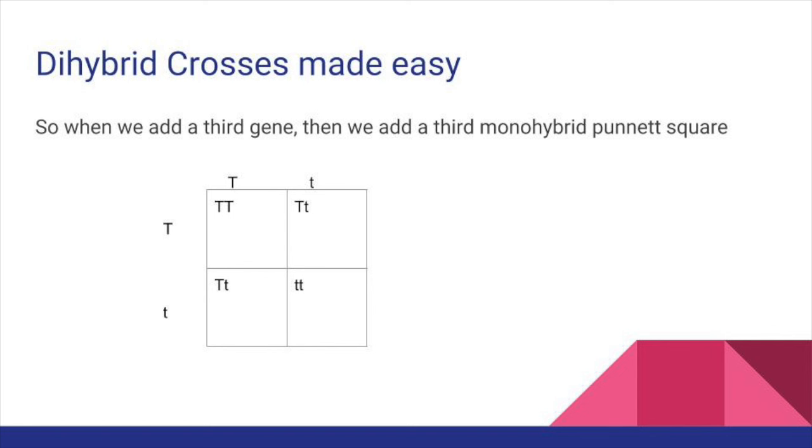So to make it more complex, if we added a third trait, this one we could say for height, big T for tall, little t for short, we could do the same thing, but just multiply the incidences of the dominant trait, in this case 3, and the incidences of the recessive trait, in this case 1.